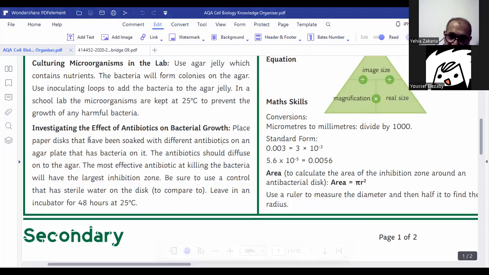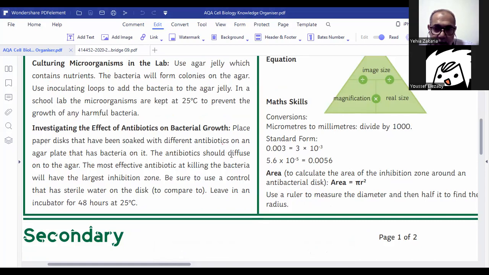Investigating the effect of antibiotics on bacterial growth. We put the antibiotics on the colonies of the bacteria we cultivate in the agar jelly. Paper discs that have been soaked with different antibiotics are placed on an agar plate that has bacteria on it.